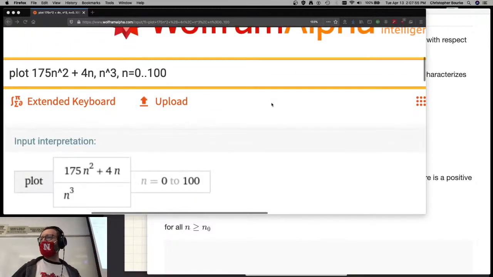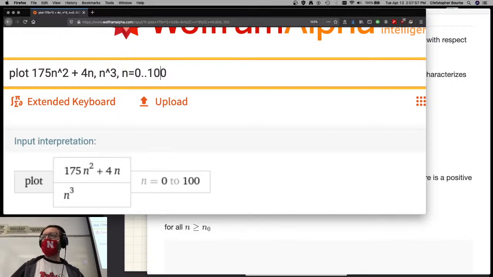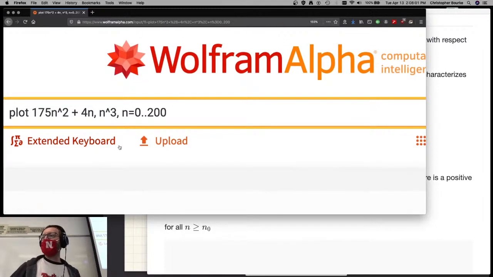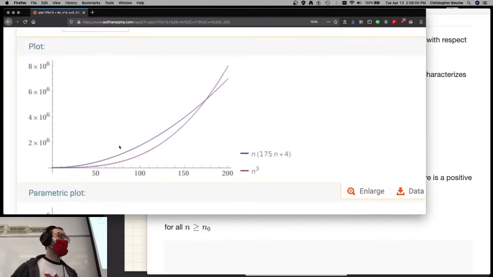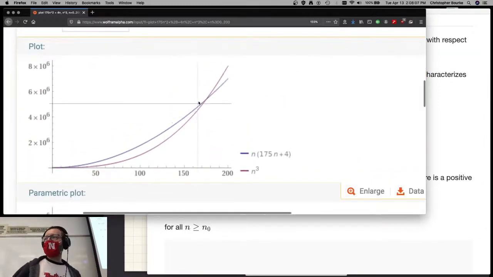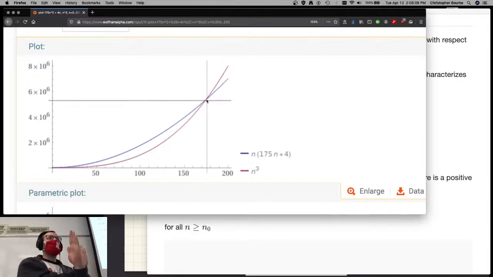What if I zoomed out a little bit more and mapped this from 0 to 200? What would it look like then? Right? At some point, this magic crossover point, now the red function becomes more expensive because it's on top of the blue function.